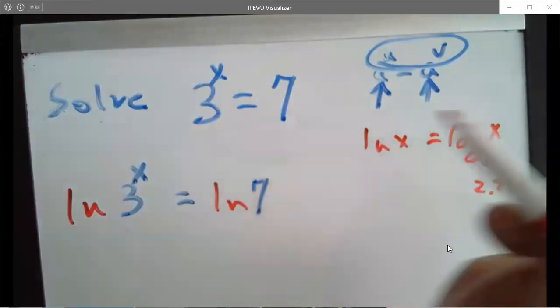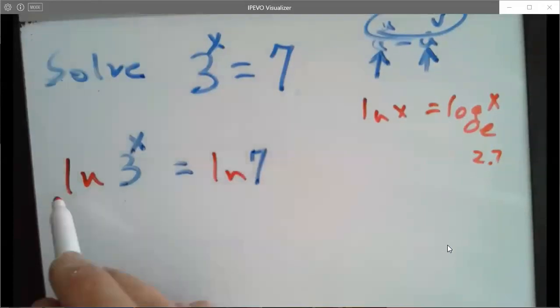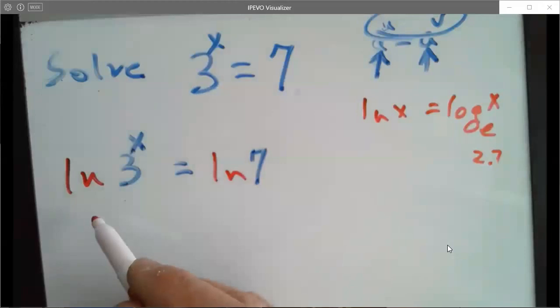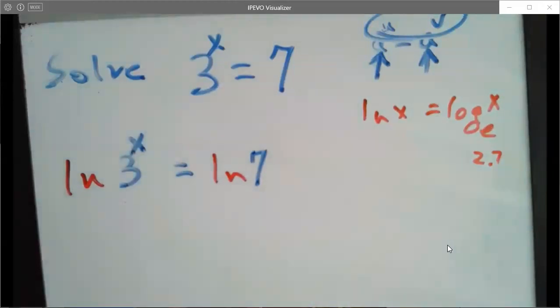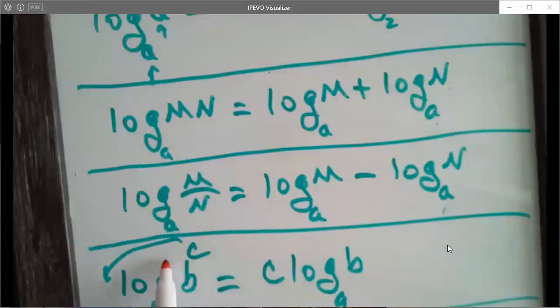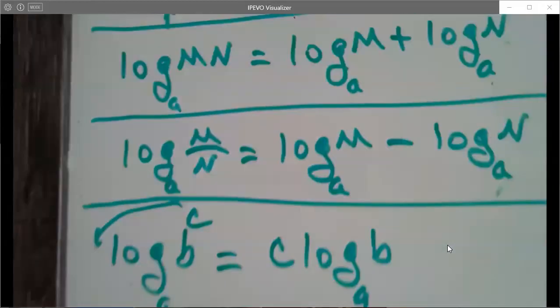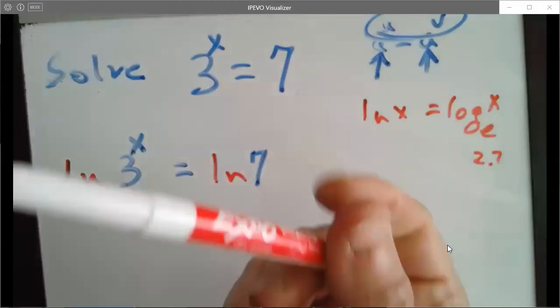So natural log is nothing more than just log base 2.7, okay? All right, so we apply natural log to both sides. And when we do that, then we can apply this property here where we can bring that exponent down. And so when we bring that x down, now we can solve.